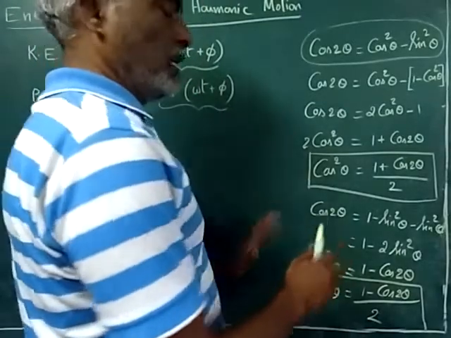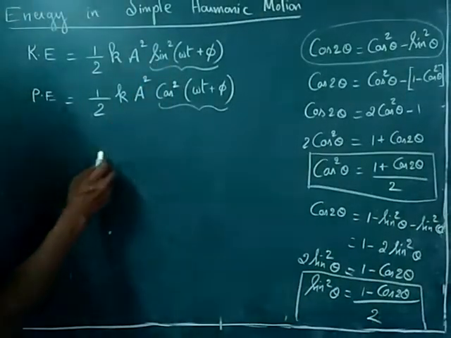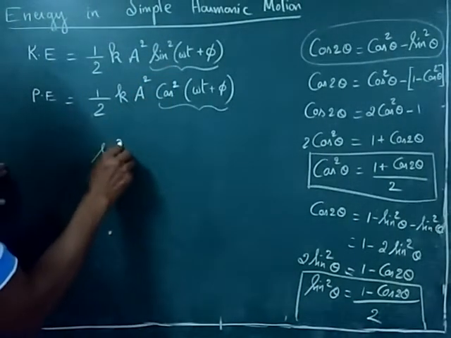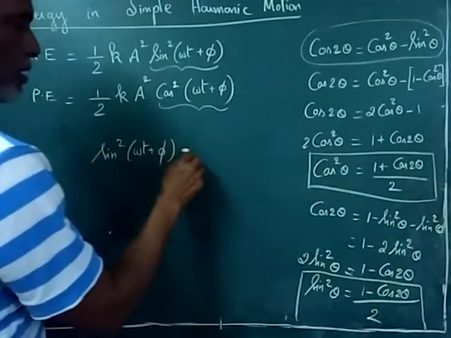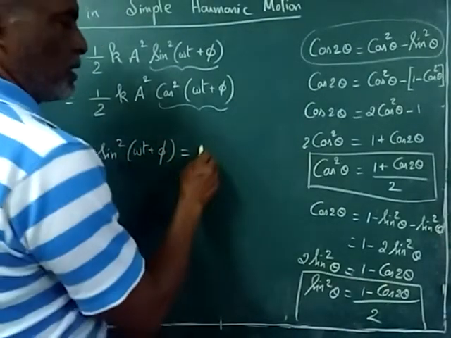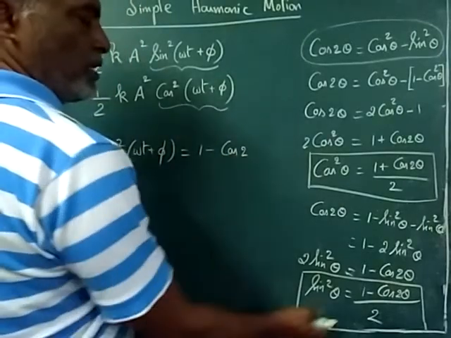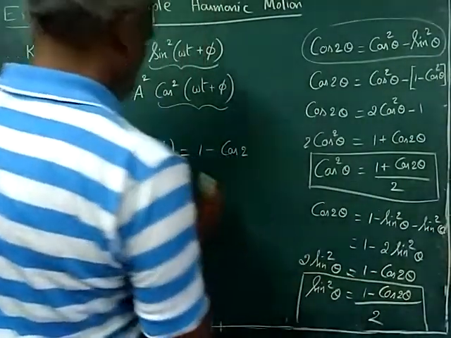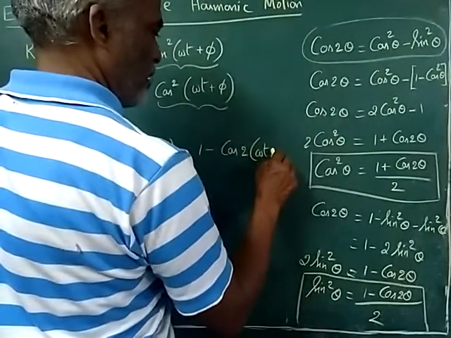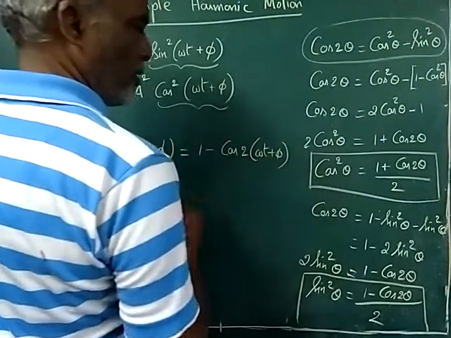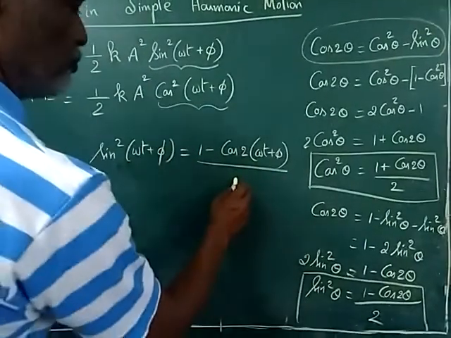So what I want to stress is, now sin square omega t plus phi can be written as 1 minus cos 2. Here if it is theta, here we have omega t plus phi, therefore we have to write omega t plus phi, by 2.